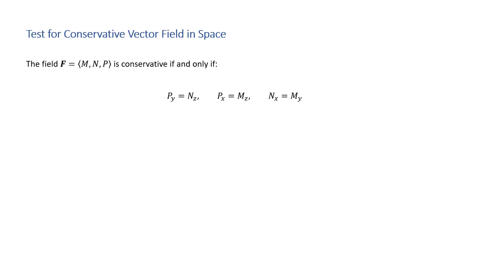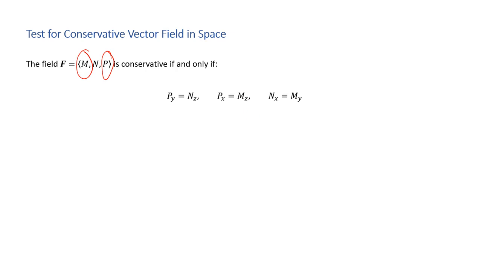Now, if we have a three-dimensional vector field, that vector field is going to be conservative if and only if the derivative of the z component with respect to y equals the derivative of the y component with respect to z, and the derivative of your z component with respect to x equals the derivative of your x component with respect to z.